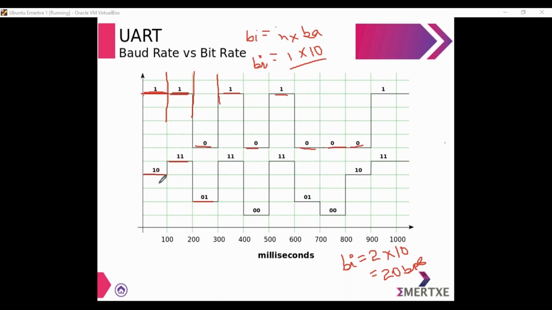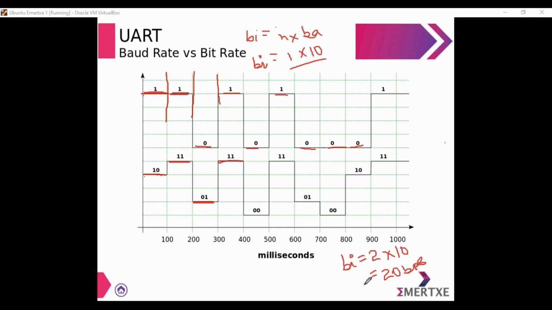In the second scenario, I am again transmitting 10 symbols per second, but each symbol is made up of 2 bits. So at an instant of time, 2 bits are being transmitted.